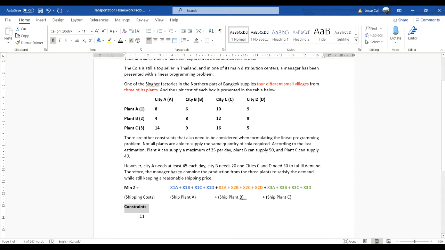So let's continue on with our question. There are other constraints that need to be considered when formulating the linear programming problem. Not all plants are able to supply the same quantity of cola required.